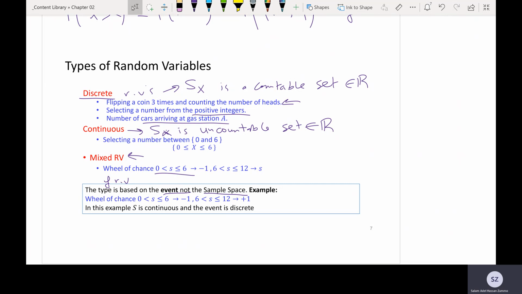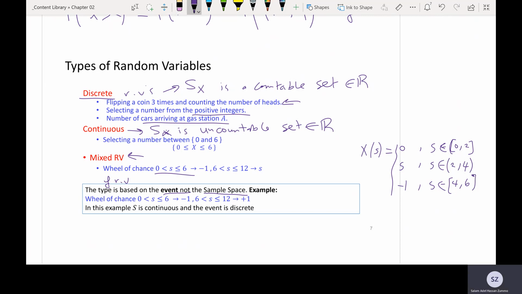I can define a random variable X such that X(s) equals 0 when s belongs to 0 to 2, equals s for s belonging to 2 to 4, and equals minus 1 when s is between 4 and 6.